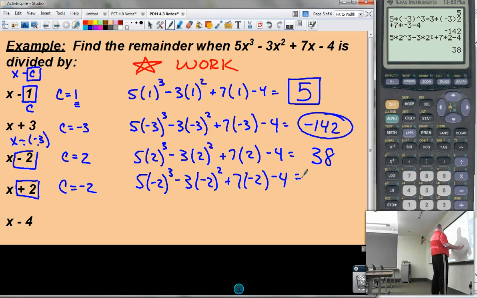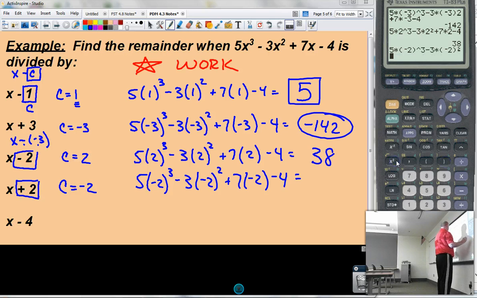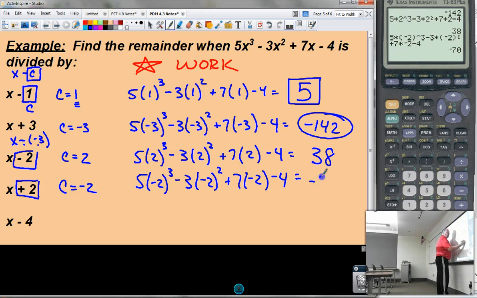And if I do that, 5 times parentheses, negative 2 close parentheses cubed minus 3 times parentheses negative 2 squared plus 7 times negative 2 minus 4. I get negative 70. Now again, if I'm making any mistakes on this, I don't think I am, but I am.